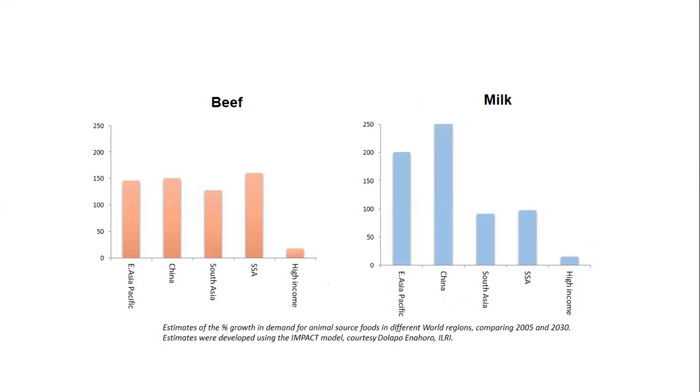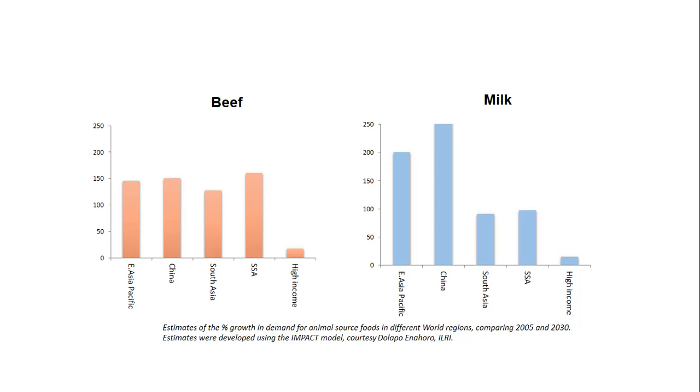We know that animal source foods are estimated to grow, especially in the least developed regions of the world. If we look, for example, at beef and milk, in the high income countries the growth in consumption of beef and milk does not change so much towards 2030.